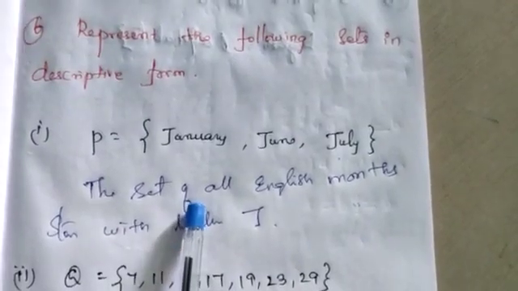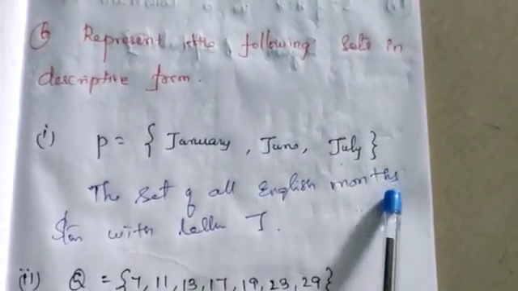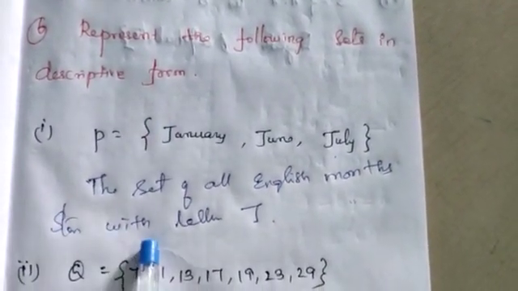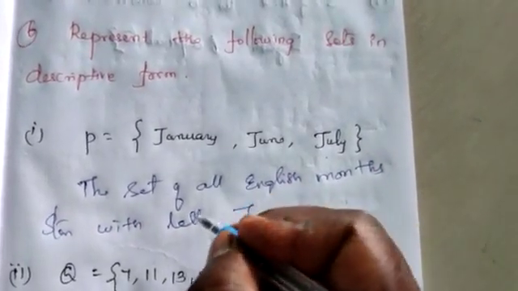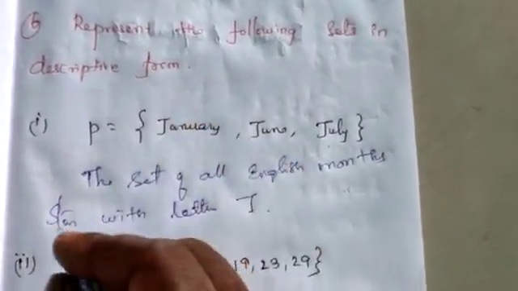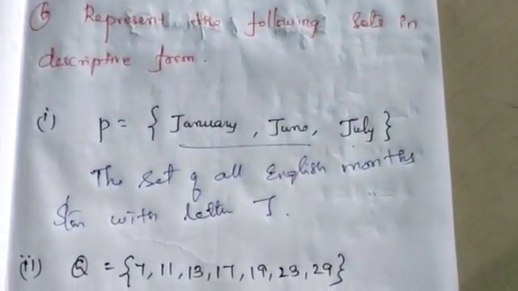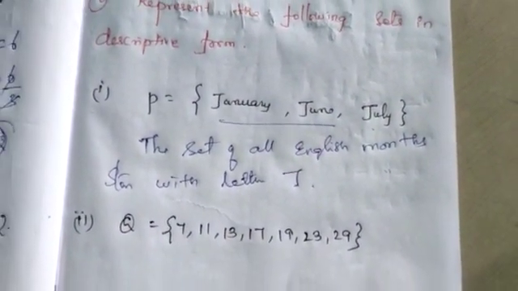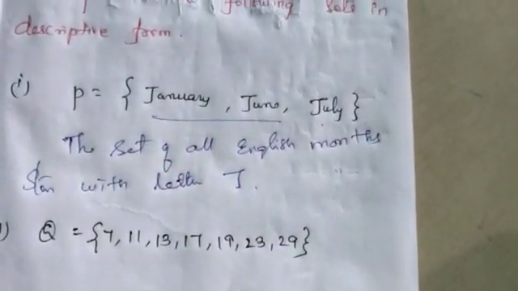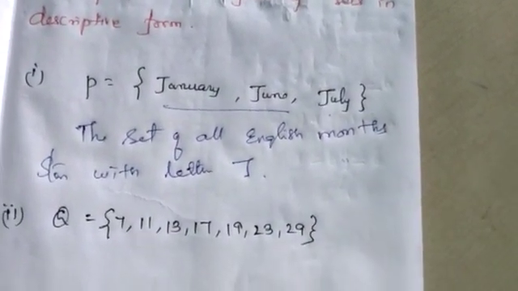The set of all English months starting with the letter J. Only the months that start with the letter J are written here: January, June, July.